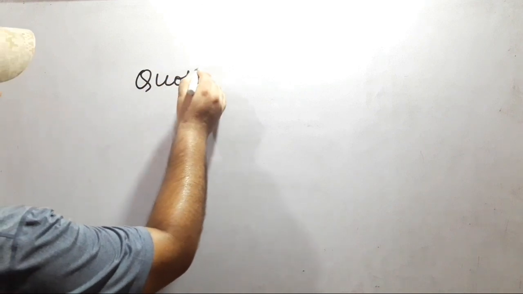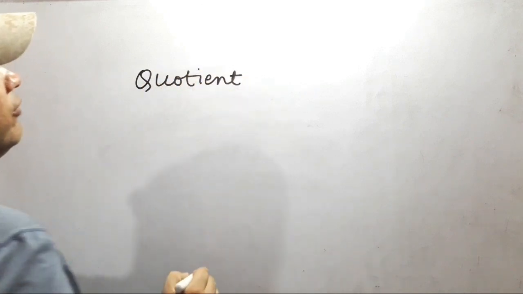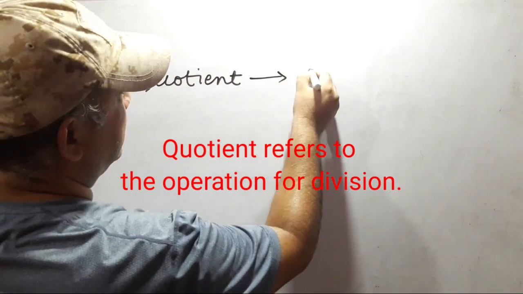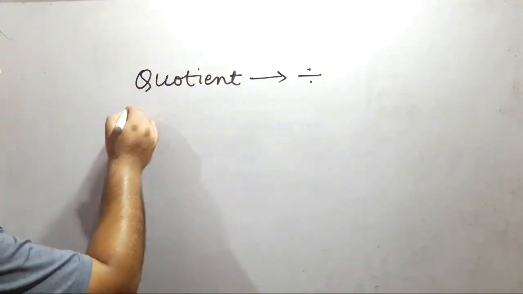Now let's learn, when we are given in the sentence form, what are the words that are used for the symbol for the particular operations. Quotient. Whenever you come across the word quotient, then you have to put the division symbol.